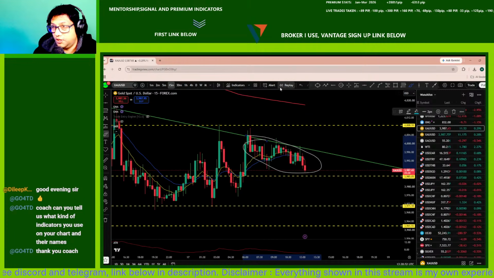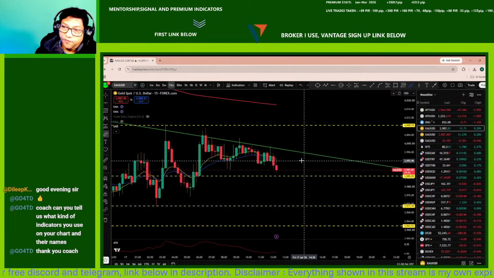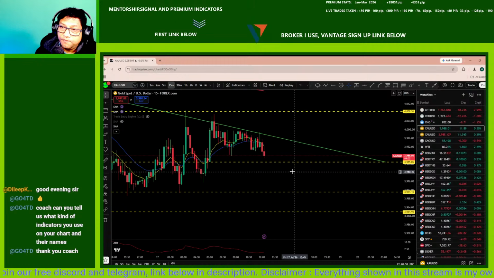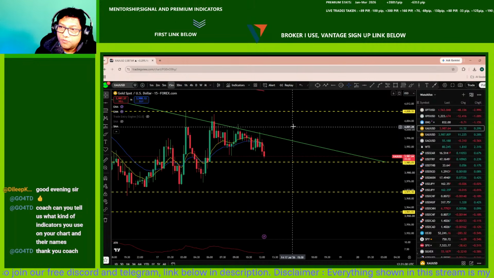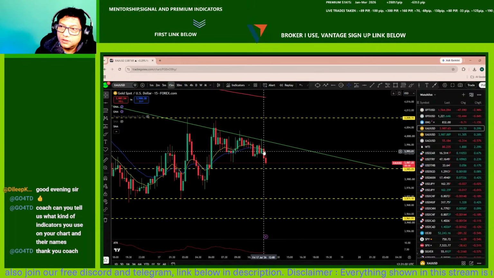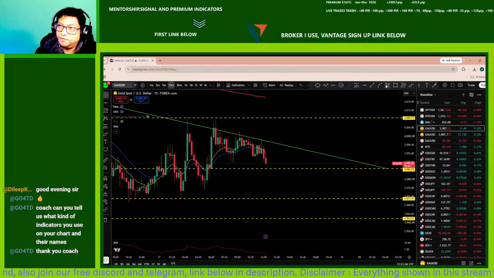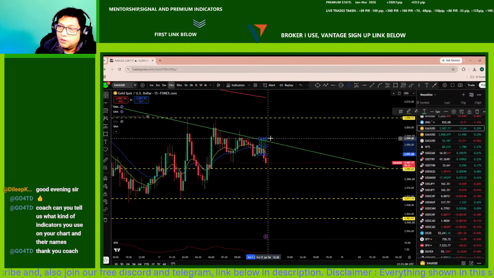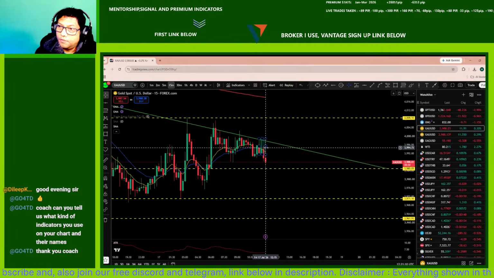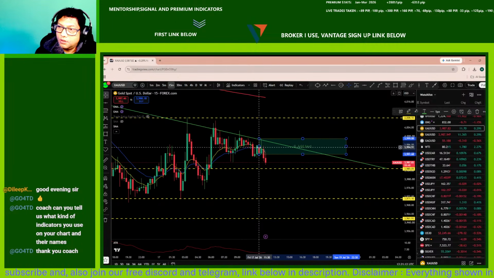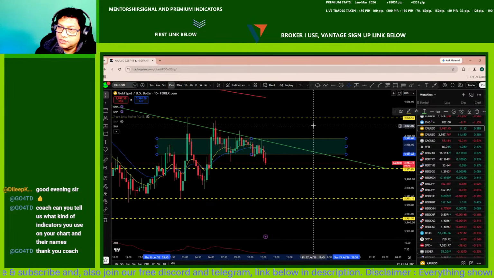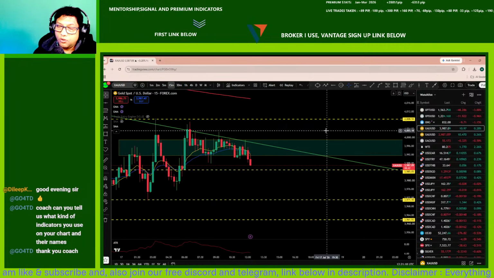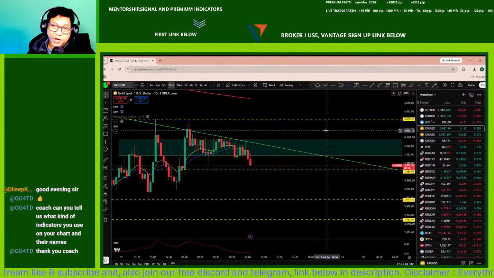This is what I was waiting for. I haven't entered any trade yet, waiting for the market to give us that entry. Now, as you see, this is a narrow doji pattern along this area, and with this narrow doji pattern formation, the price is breaking below.